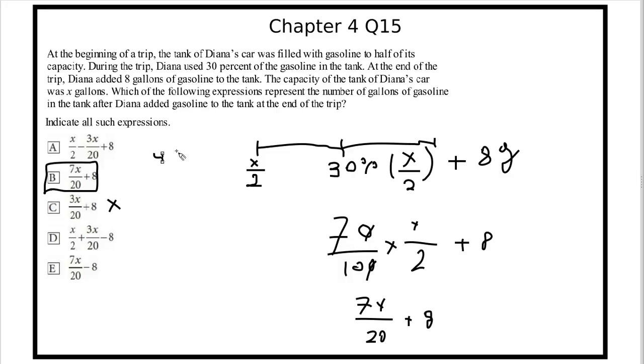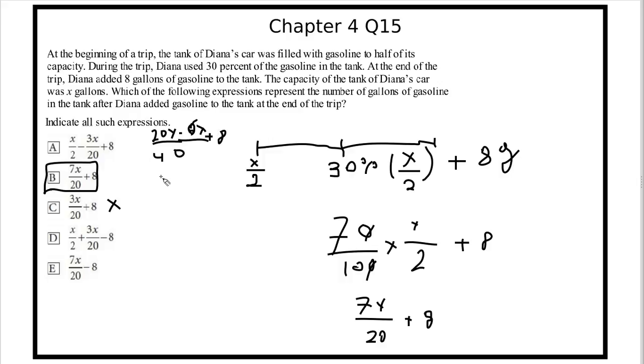So this one is 40, and then 20x minus 6x, so it will be equal to 14x. Okay, so it will be 14x divided by 40 plus 8. It will be the same if you go further and simplify it.